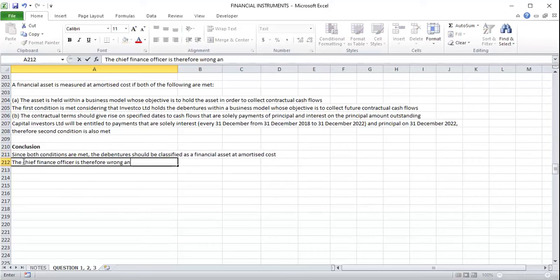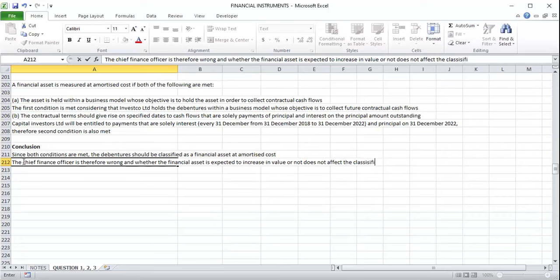And whether the financial assets is expected to increase in value or not does not affect the classification of a financial asset.